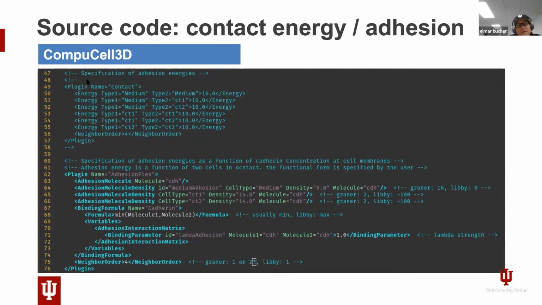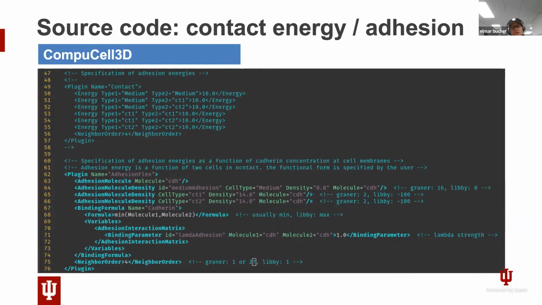First of all, if you do this adhesion flex implementation, you can actually calculate it back to what we are used to, the contact energy specification that makes the model sort. But you cannot just take any contact energy quantification and calculate it back to the adhesion flex. The adhesion flex is more how you can think about it in biology.